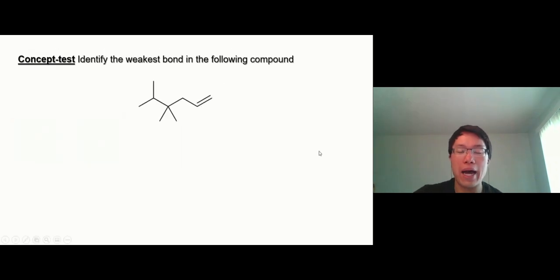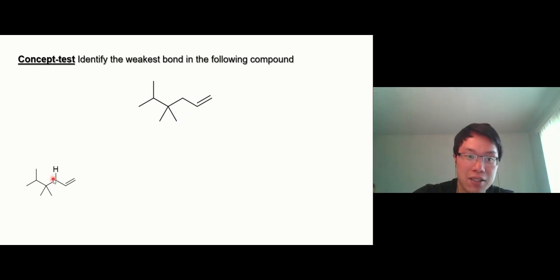Okay. All right. Another way that I can ask the same question: where is the weakest bond for a radical process? Anything that is a CH bond that, when it breaks, forms a stable radical, that's an easy bond to break, which is right here.